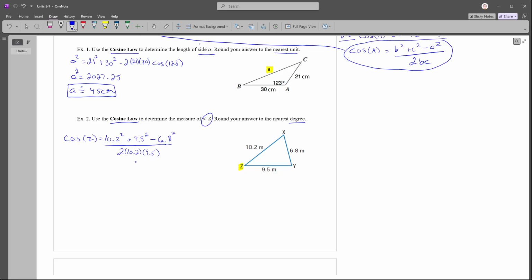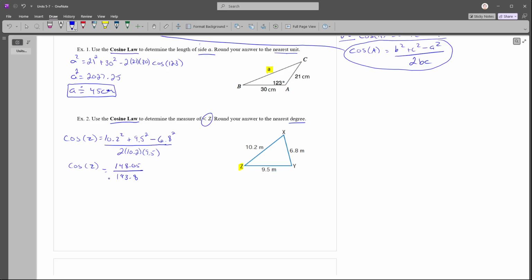Putting that all together, what do you end up with? Well, you're going to end up with cos of Z equal to 148.05 over 193.8.